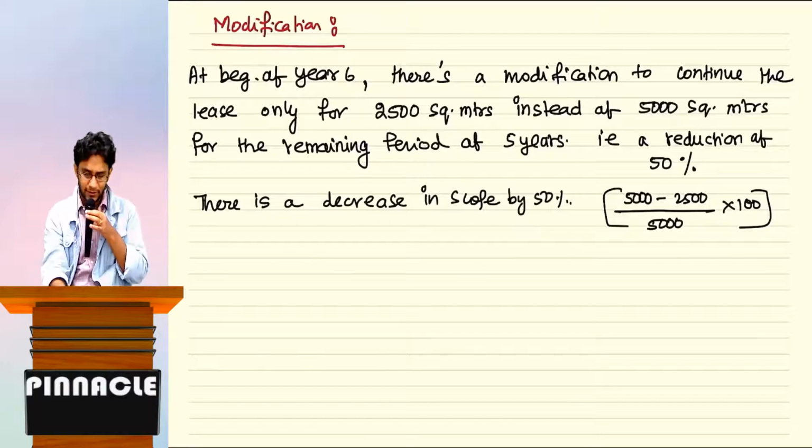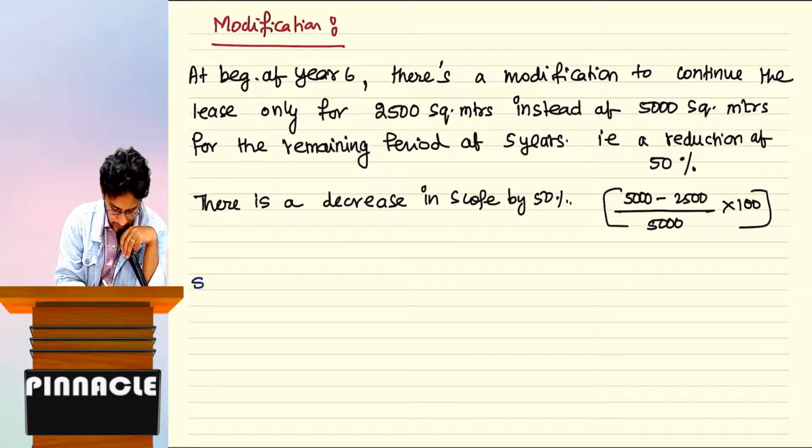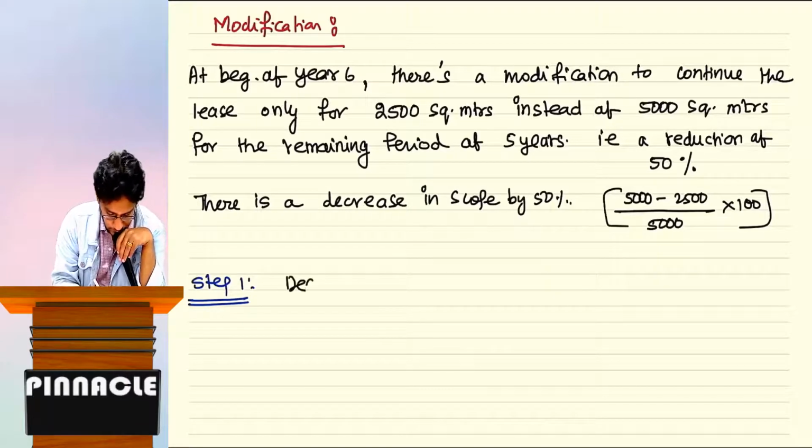So whatever steps we discussed, those are the steps you write. The answer will automatically come. Decrease ROU asset proportionately.